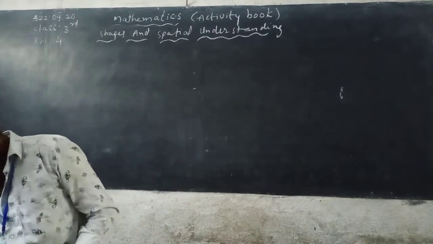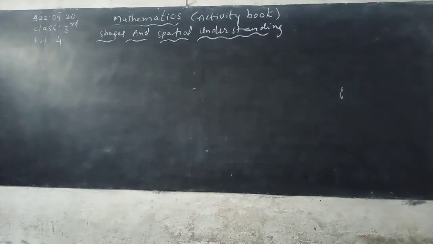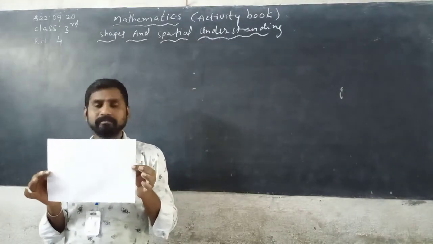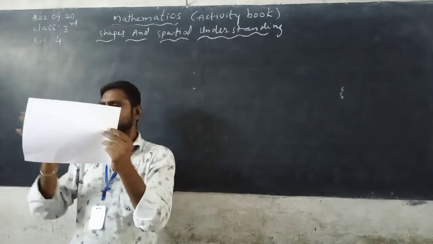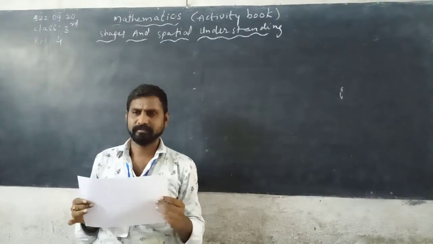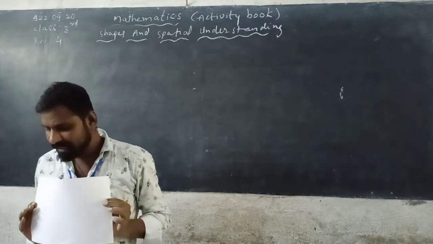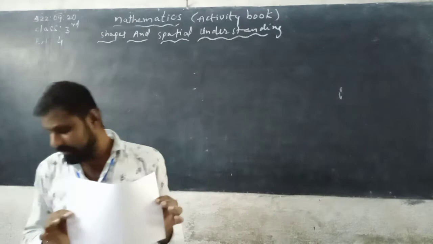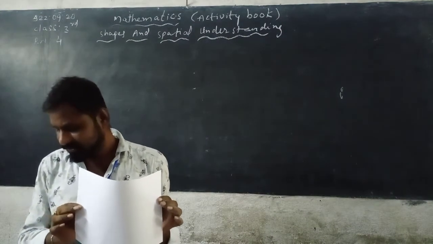Next, take a rectangle sheet of paper, fold its opposite sides. This is the rectangular sheet of paper, because opposite sides are equal in length. This side equals this side. Take a rectangular sheet of paper, fold its opposite sides and check they are equal.